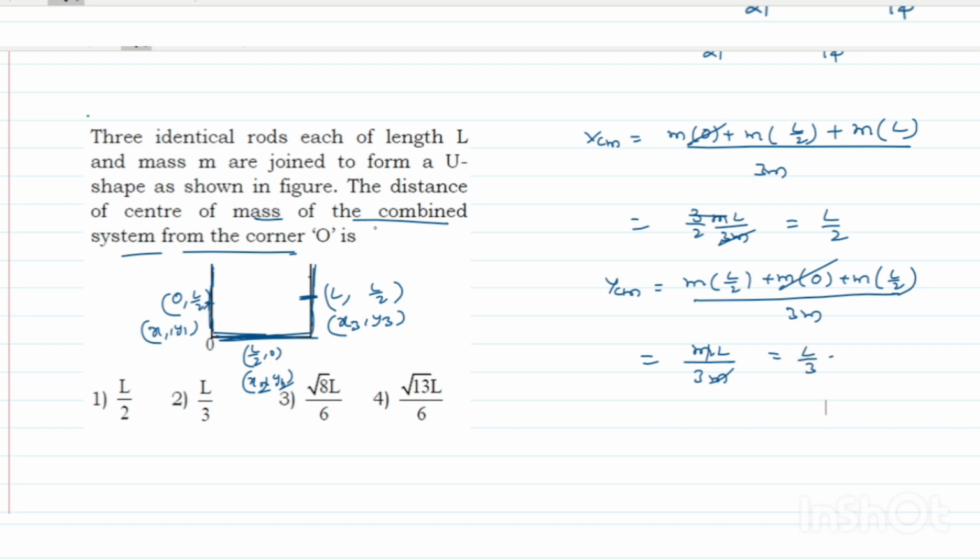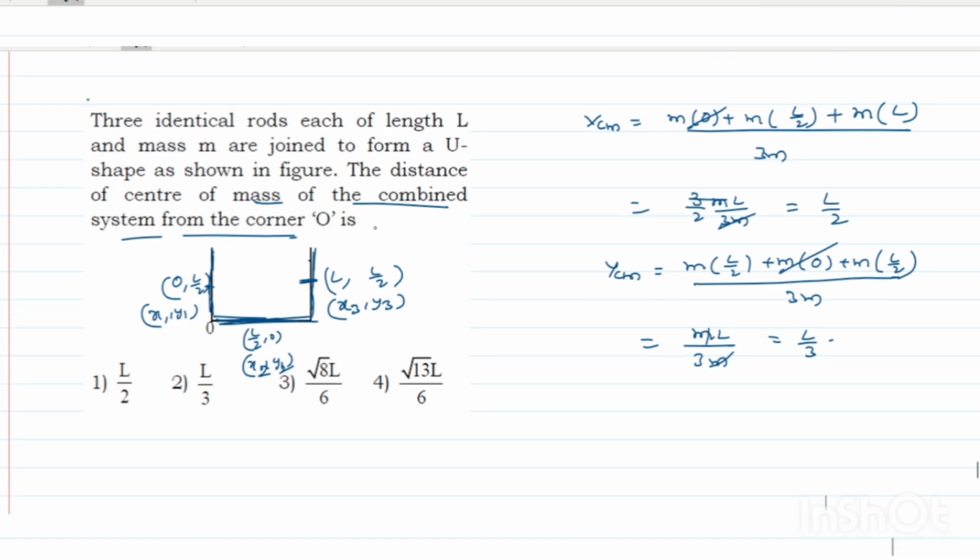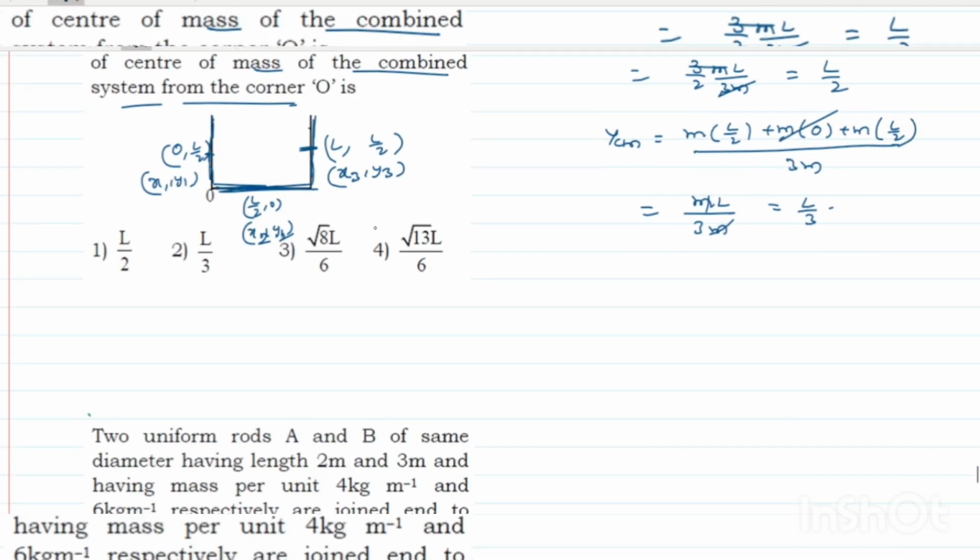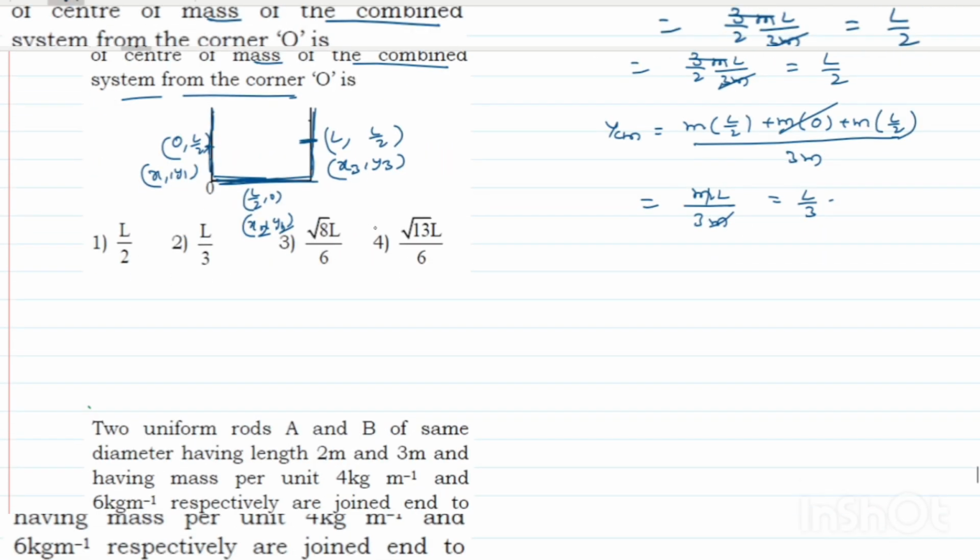Now we have the XCM value and the YCM value, and we just calculate the distance of the center of mass. RCM is the distance of the location of the center of mass. XCM and YCM are perpendicular, so take XCM whole square plus YCM whole square, under root, which is L square by 4 plus L square by 9 under root.